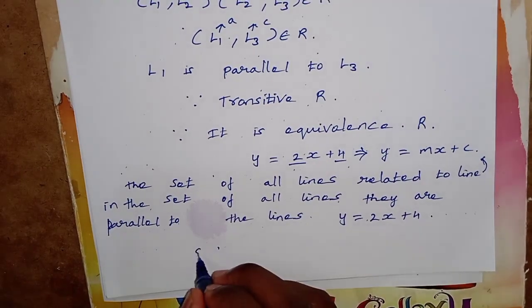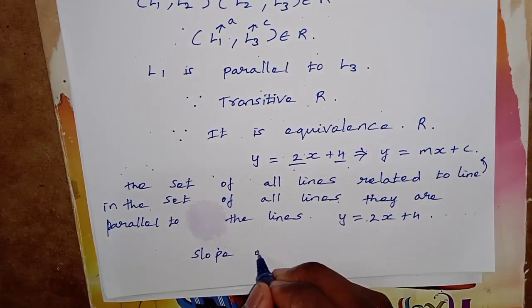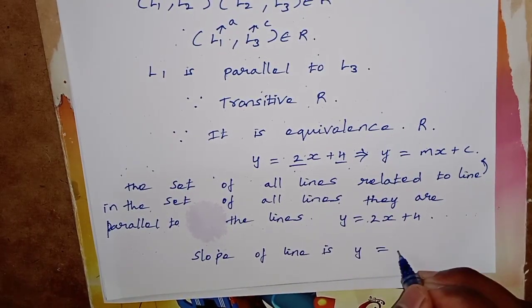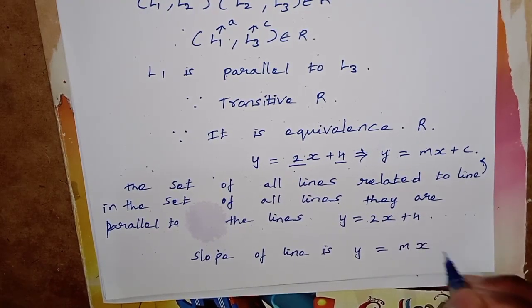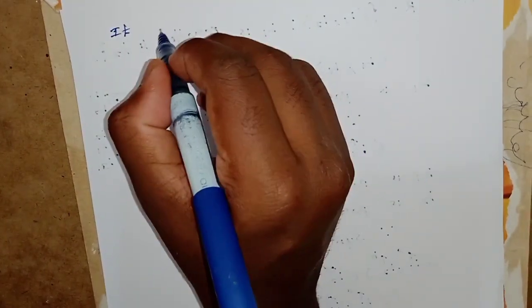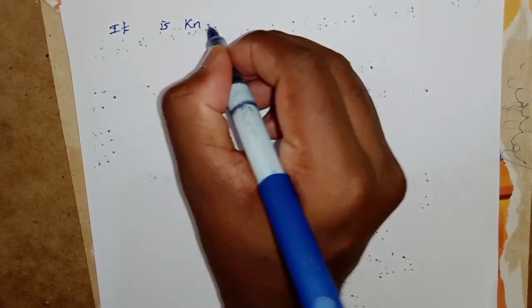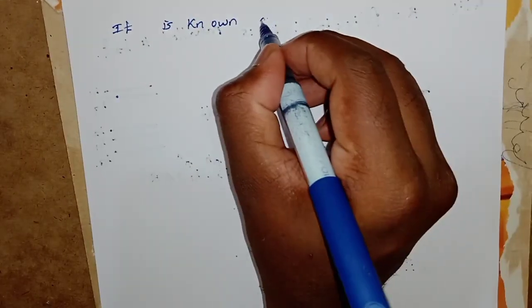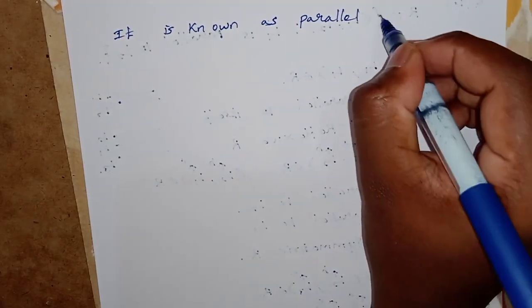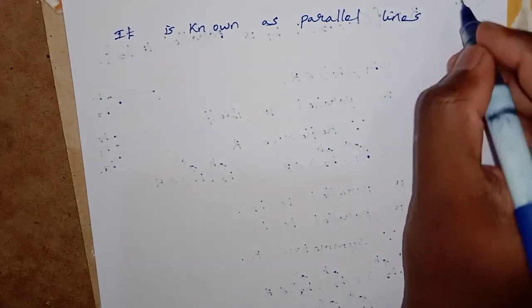Here the slope of a line is nothing but y equal to mx plus c. Therefore here m equal to 2. Therefore it is known as parallel lines.